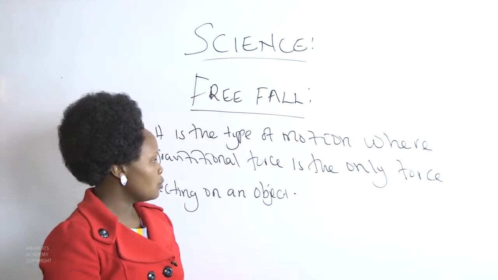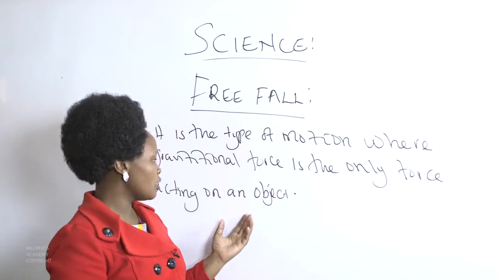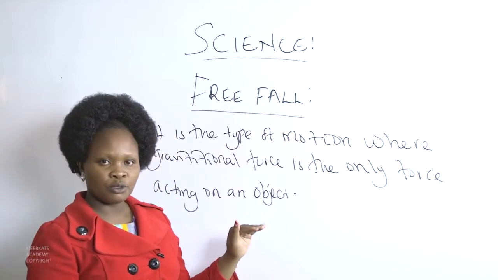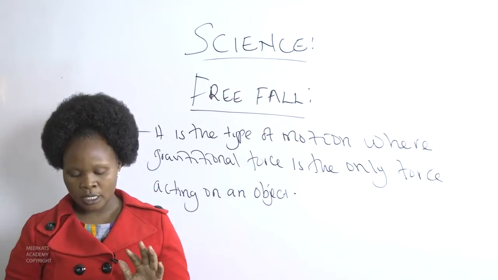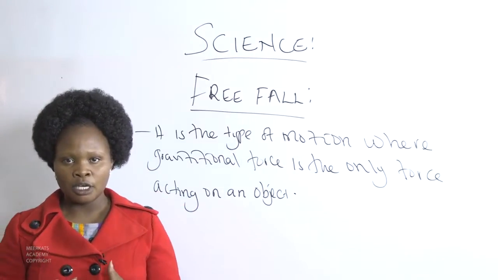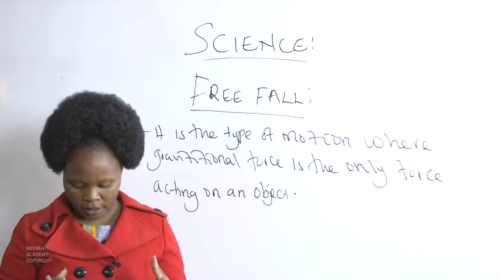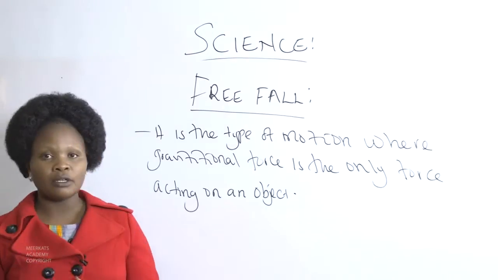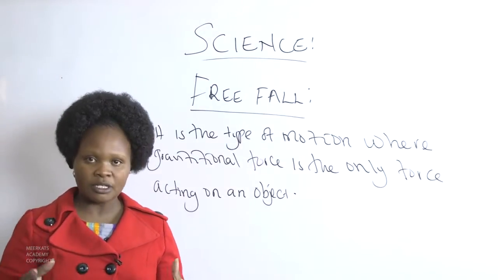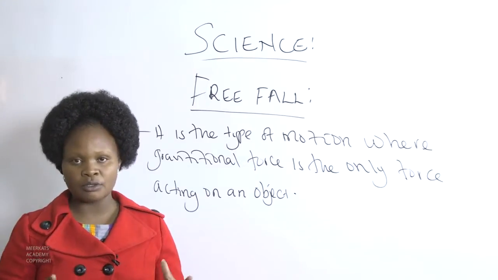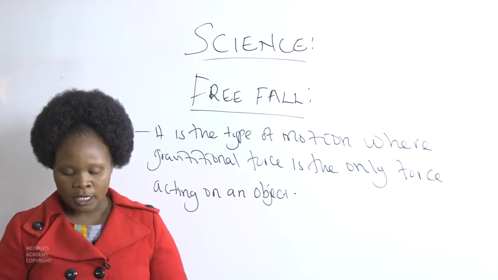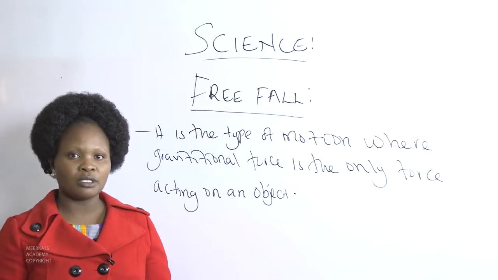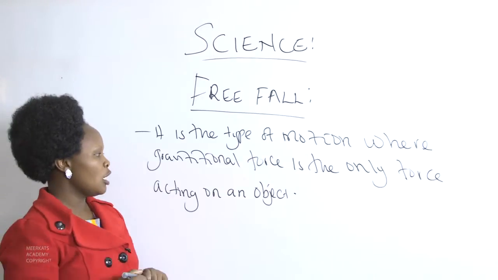Now, we said initially that we want to limit ourselves to the kind of motion that we call linear motion, and on this we want to assume that a body is moving in a straight line. And if a body is moving in a straight line and taking a particular direction, then it means the kind of motion described by that body is actually a vector.